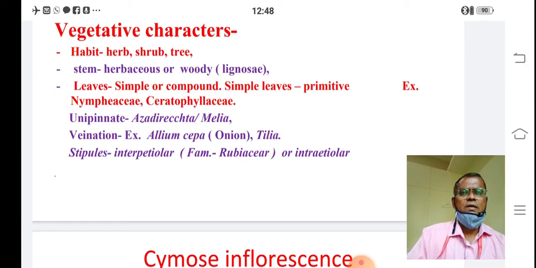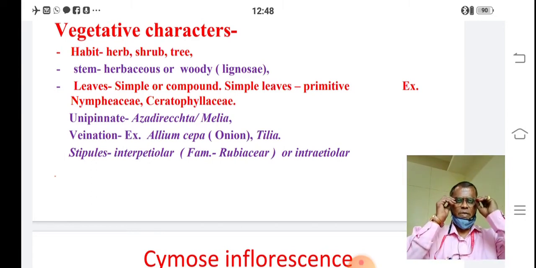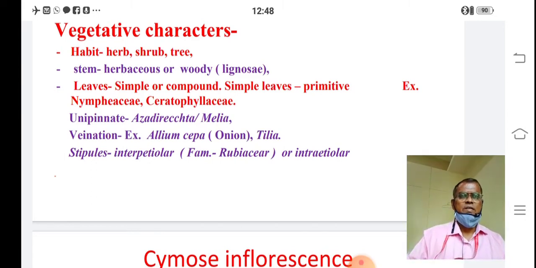In venation pattern we know parallel venation and reticulate venation. Allium cepa, that is the onion, shows parallel venation and is a member of the monocotyledons, while Tilia, a herbaceous plant, shows reticulate venation. Then stipules.